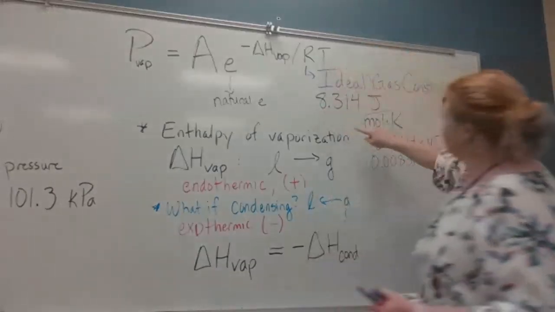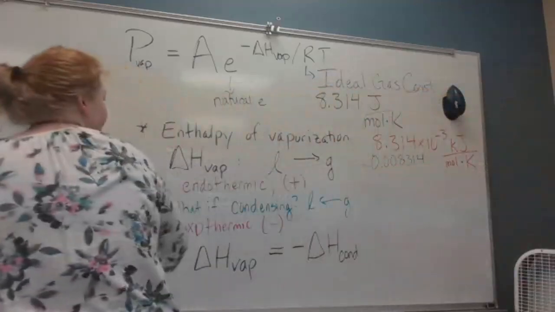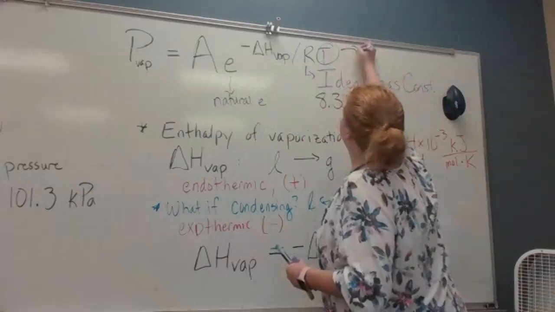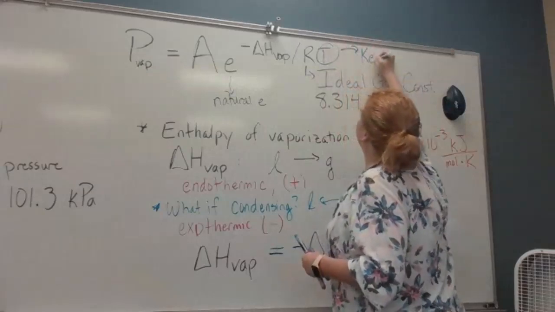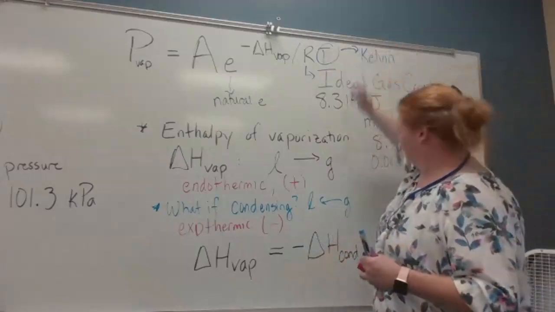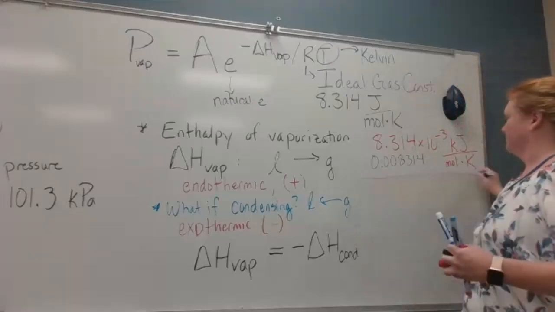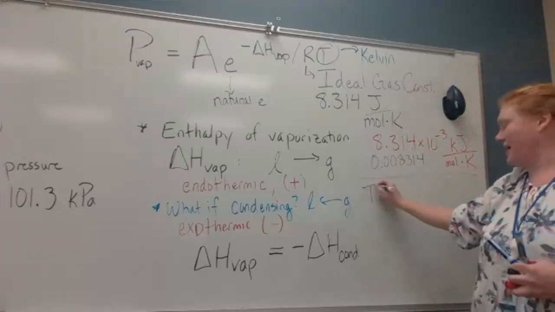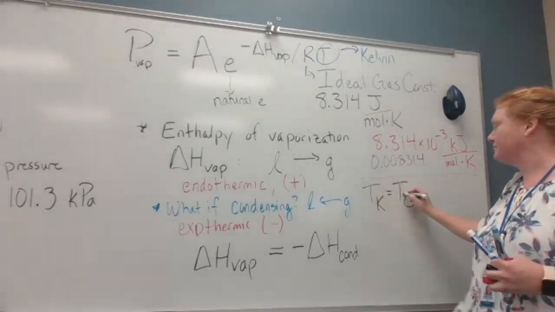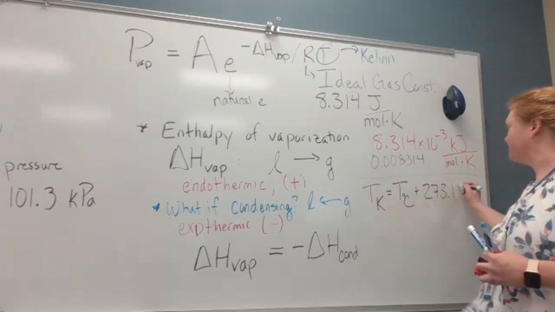And so if this is our gas constant with temperatures in Kelvin, what is T? Temperature in Kelvin. Do we remember how to convert between Celsius and Kelvin? To get your Kelvin temperature, take your Celsius and add 273.15.